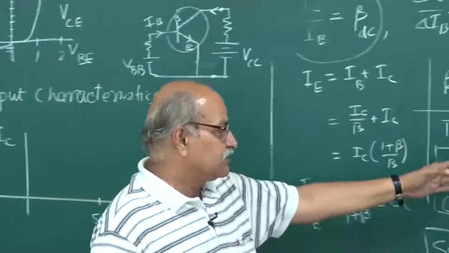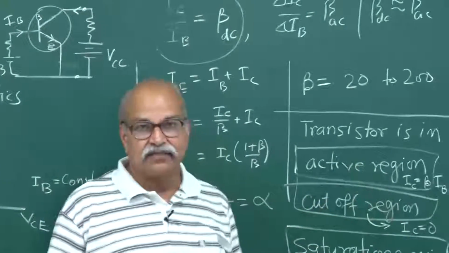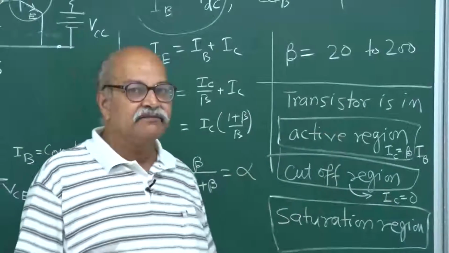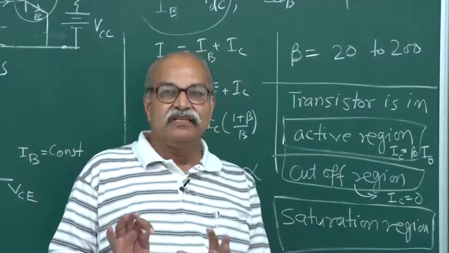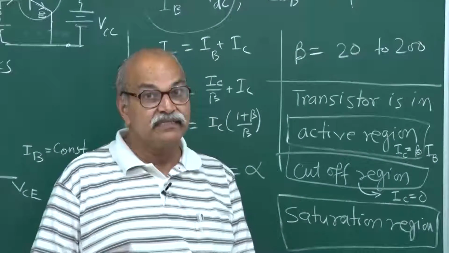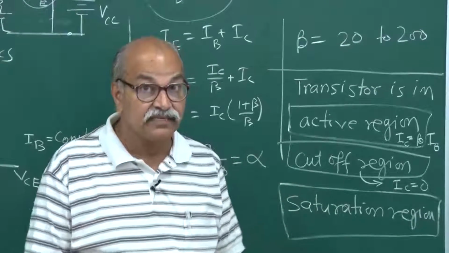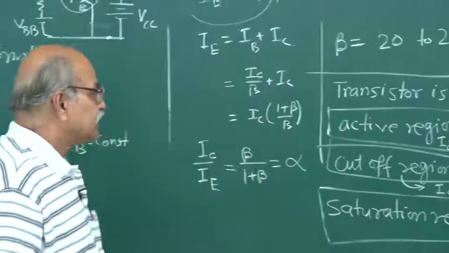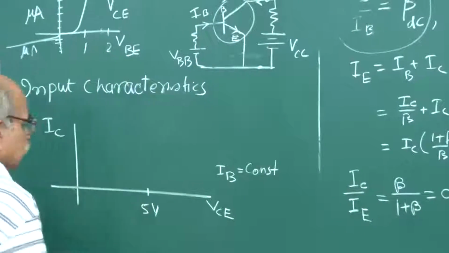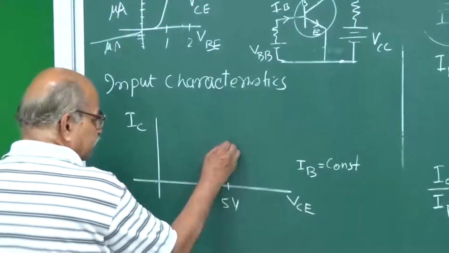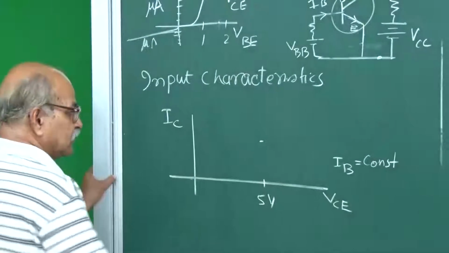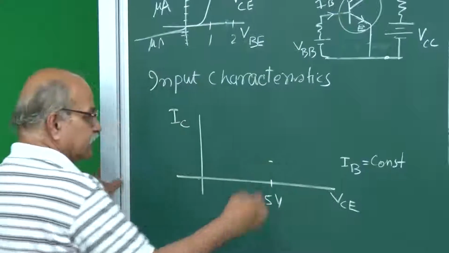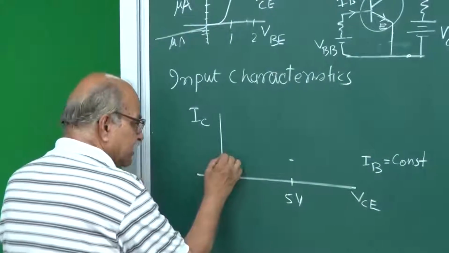I want to be in the active region. In the cutoff region there are no characteristics. In the active region, the collector base junction is sufficiently reverse biased, so that it draws beta times the current IB. So it is drawing this much current, let us say this one here, this is the value of IC.